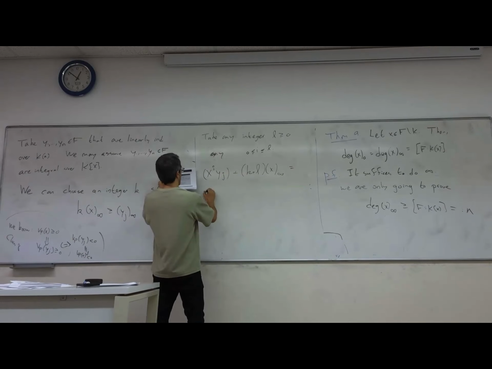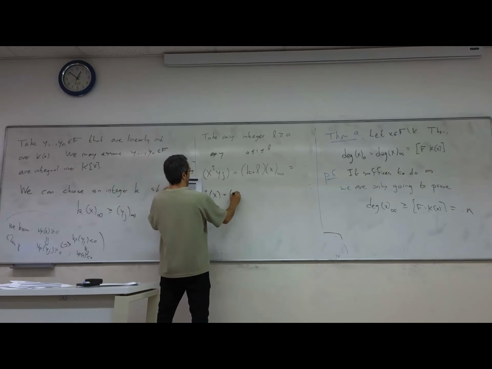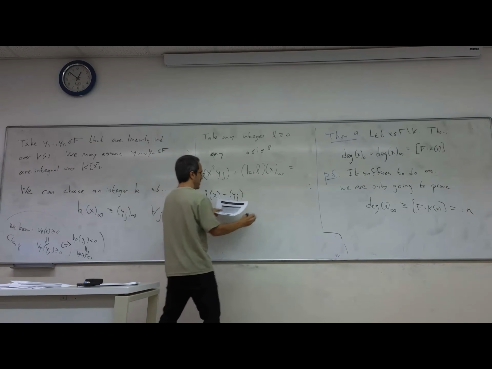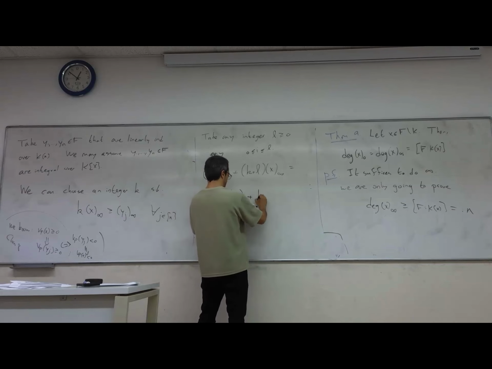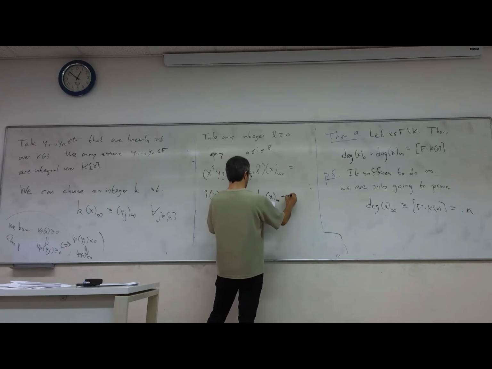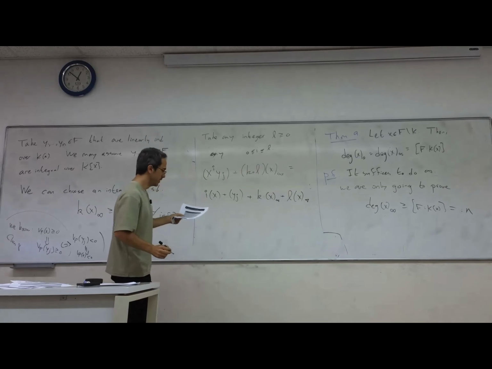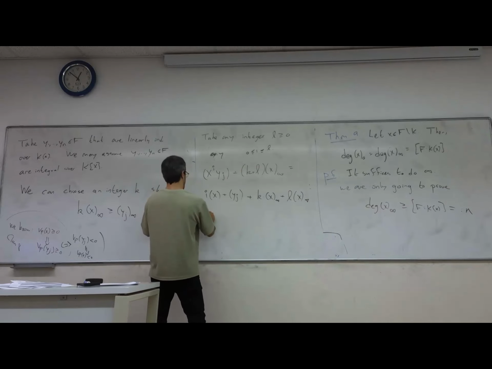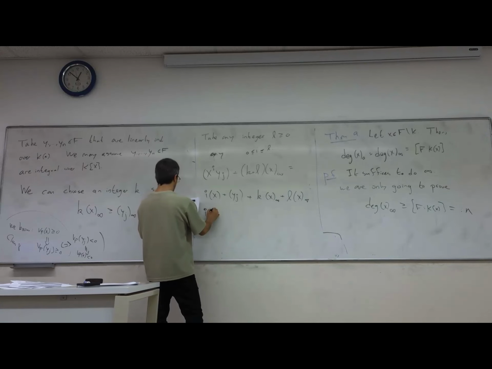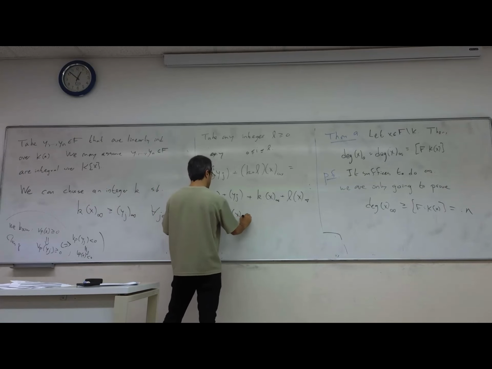So if you open this up, so this is I times the principal divisor of x, plus the principal divisor of yj, plus k times the pole divisor of x, plus L times the pole divisor of x, which you can also write as you open this up to its pole and 0 divisor. Just go with me.